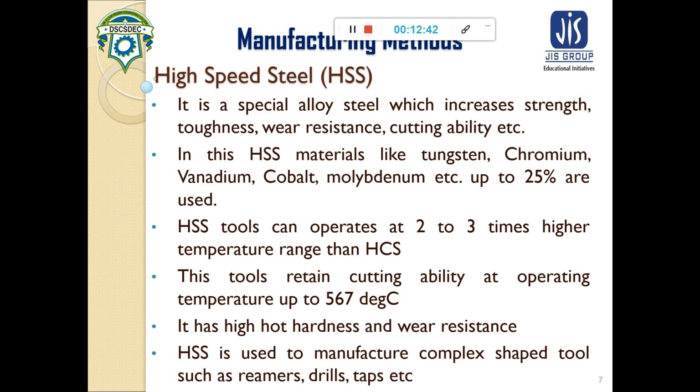This HSS tool can operate at a 2 to 3 times higher temperature than high carbon steel. The operating temperature range for an HSS tool can be taken as 600 to 900 degrees Celsius.